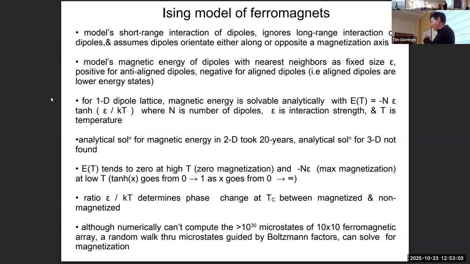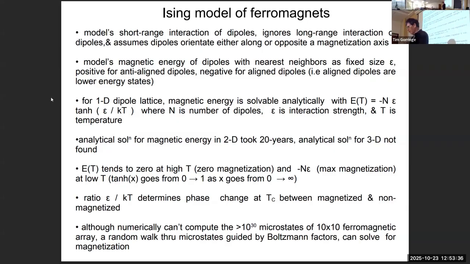It was a big mathematical problem for 20 years to solve that analytically and write down the magnetic energy or the magnetization. But there is an analytical solution to that. But still, nowadays, there's no solution to a three-dimensional array of magnetic dipoles in this simple model of nearest neighbor interactions, writing down an analytical expression for the magnetization of a three-dimensional array of dipoles.